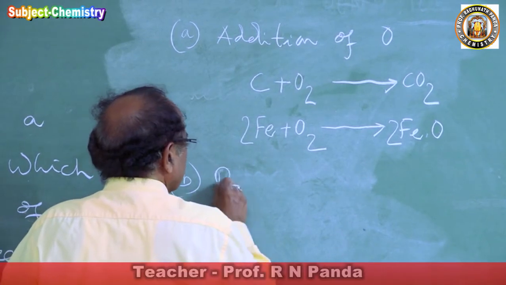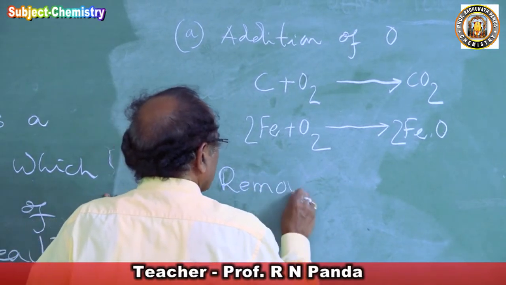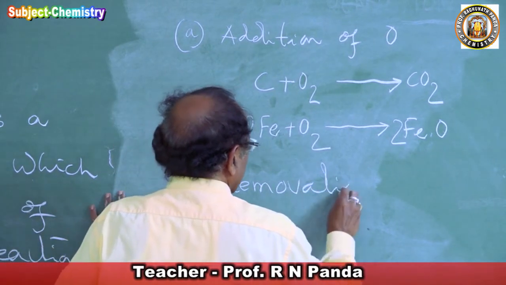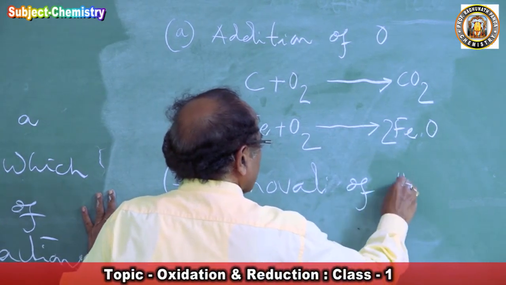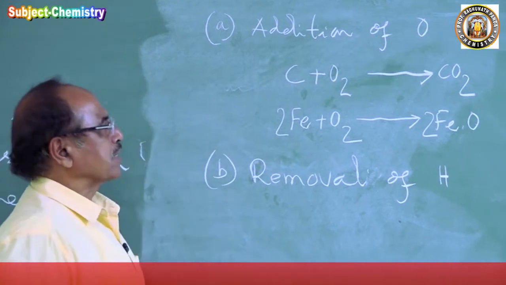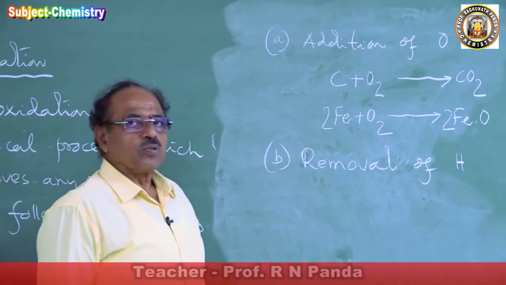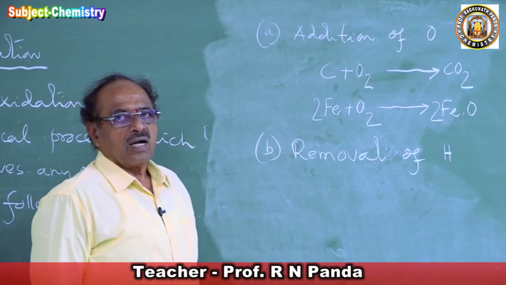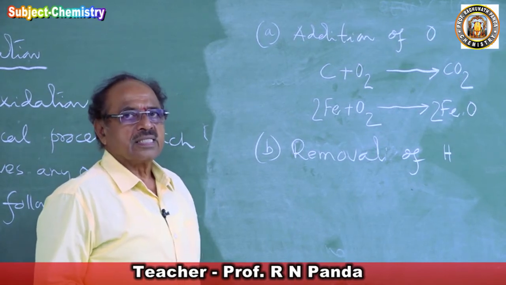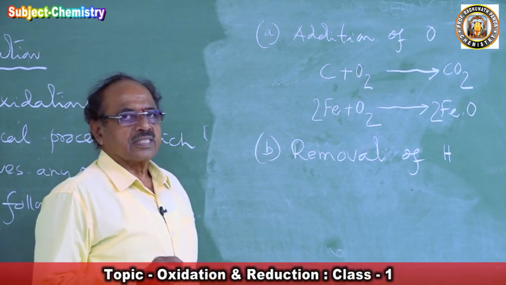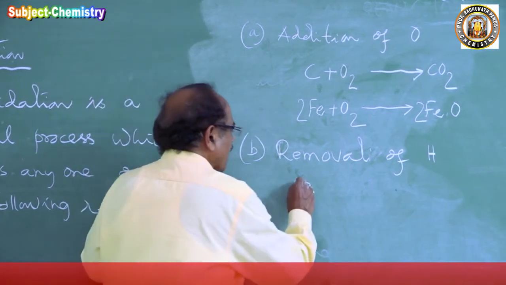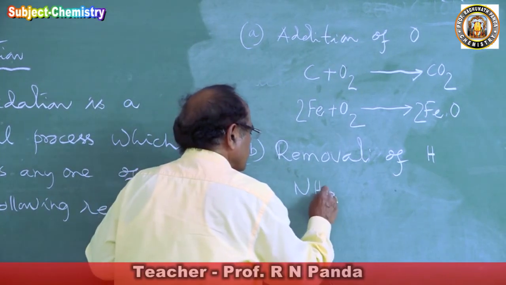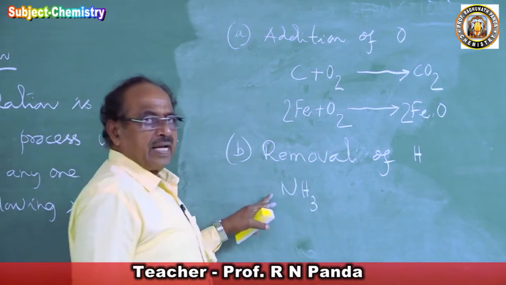removal of hydrogen. In any reaction, if the hydrogen is removed from a compound or a substance, the substance is said to be oxidized. For example, we have ammonia. We have ammonia gas.